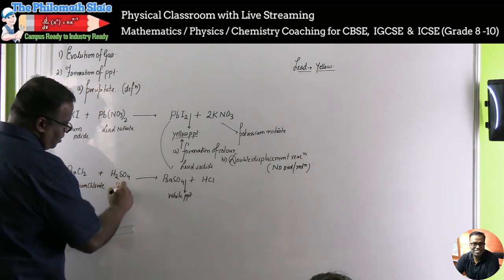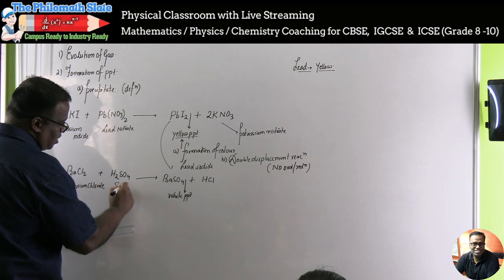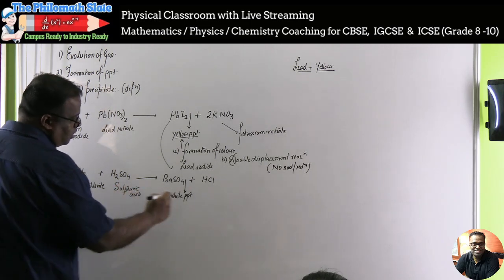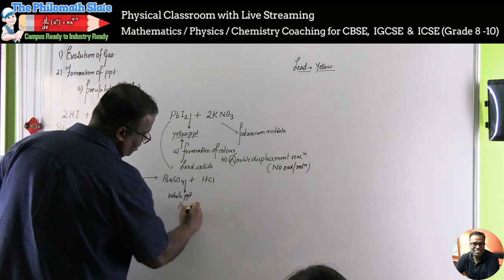Barium chloride, and this is sulfuric acid. This is barium sulfate.